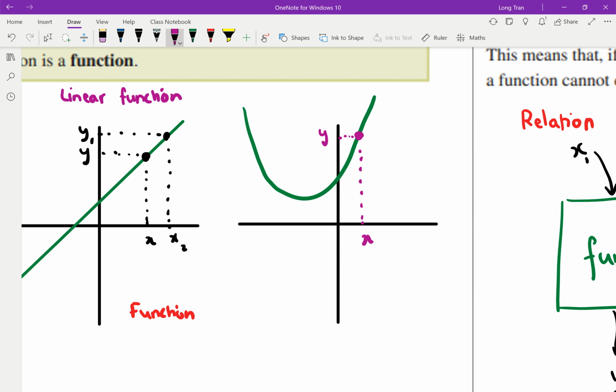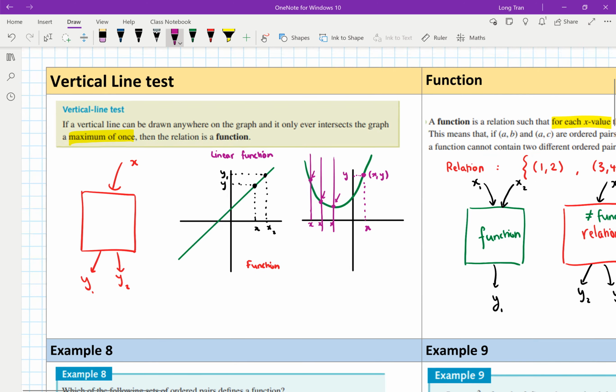It only has one x and one y that corresponds to it. This is a function, and you can test it again by doing vertical lines. You can see it only crosses once. For every x-axis value, there's only going to be one y value to look at. When there are two intersections, that implies you're going to have 2 different y values. That's essentially what that's trying to say.